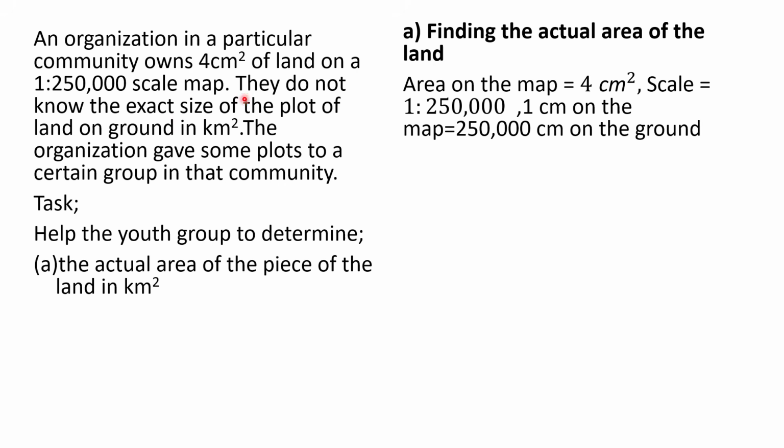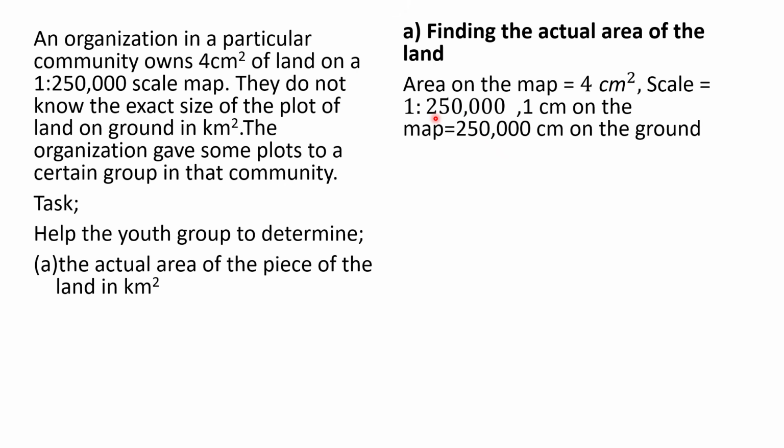So here in this paragraph, as we are extracting, I have this, then I have this, and also I need my answer in kilometers squared. So the moment you see these scales, like 1 to 250,000, ratios have no units.